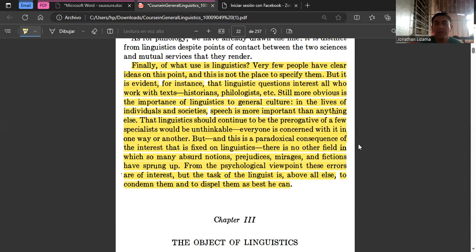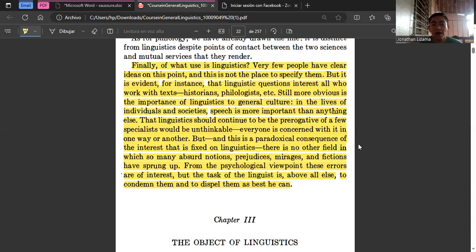But there is a paradoxical consequence of the interest that is fixed on linguistics. There is no other field in which so many absurd notions, prejudices, mirages, and fictions have spread out.